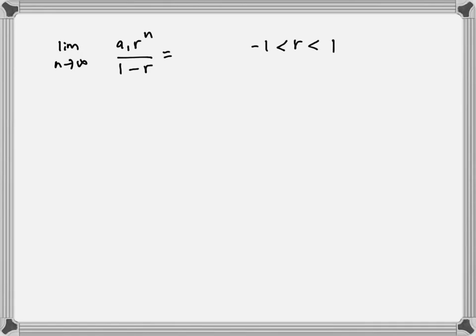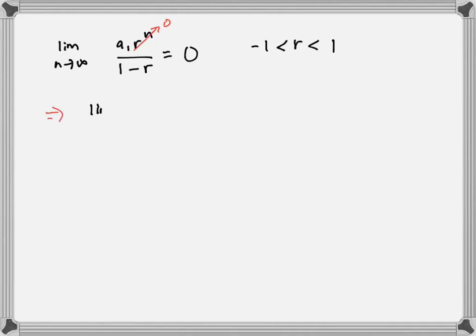This limit actually equals 0. Why? Because if you take a number between -1 and 1 and raise it to a power, this term is going to go to 0. When you take a number that's smaller than 1 in absolute value and raise it to a power, it approaches 0, getting closer and closer. So this implies the following.